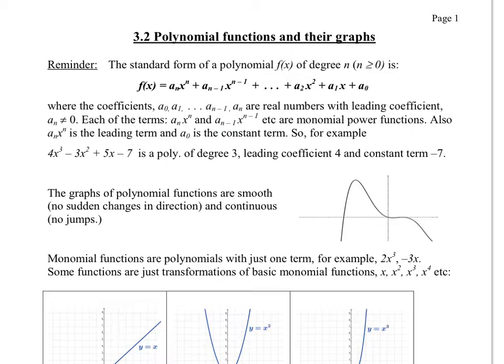And the other thing to mention is that the highest power of x, here we've got x to the power of 1, x to the power of 2, x to the power of 3. The 3 is the highest power of x, the highest exponent. And that 3 is what we call the degree of the polynomial. So the degree of the polynomial is the highest power of the polynomial. In this example, the degree of the polynomial is n.